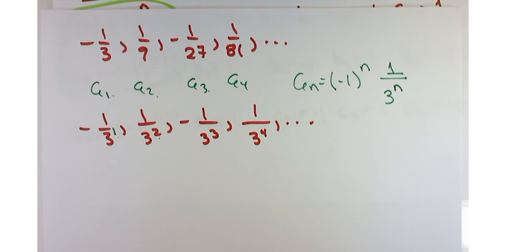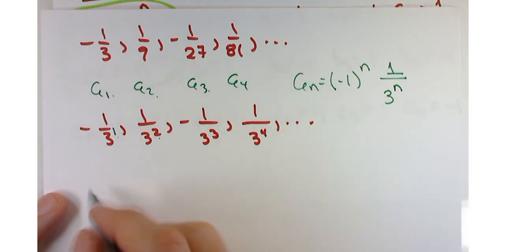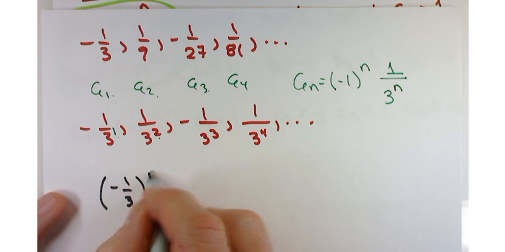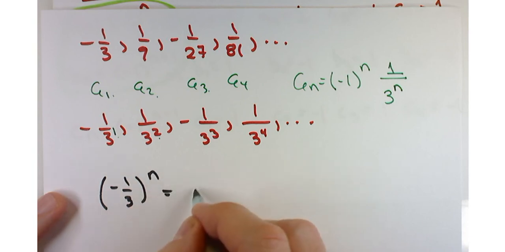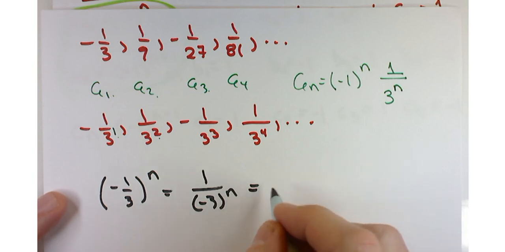Now, when I looked at my morning class, when they did this, there was a lot of variety around this. Some people wrote it as (-1/3) to the n, and that's fine. Other people wrote it as 1 over (-3) to the n. That's fine. What I will be careful of is not to allow you to write it recursively.